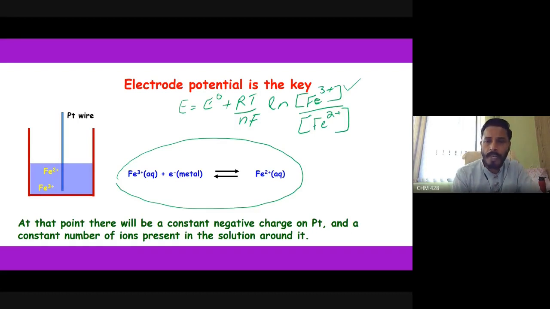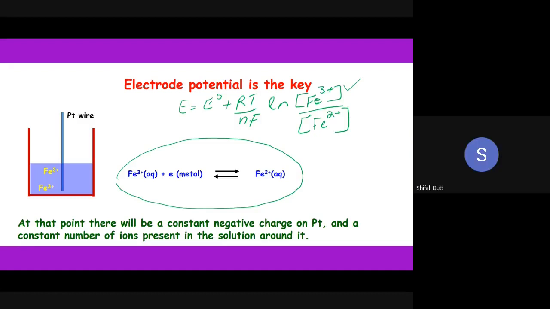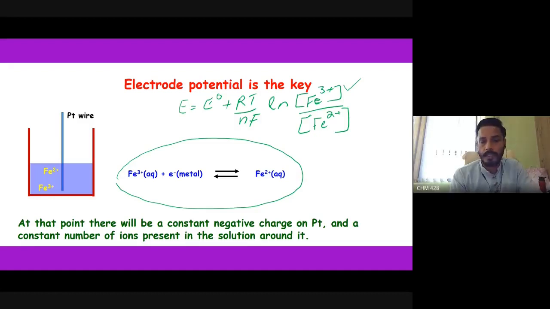What will happen if you adjust the concentration of Fe3+ and Fe2+? What will happen? I'm asking you. The electrode potential will change. The E will change on the left-hand side. Am I correct?